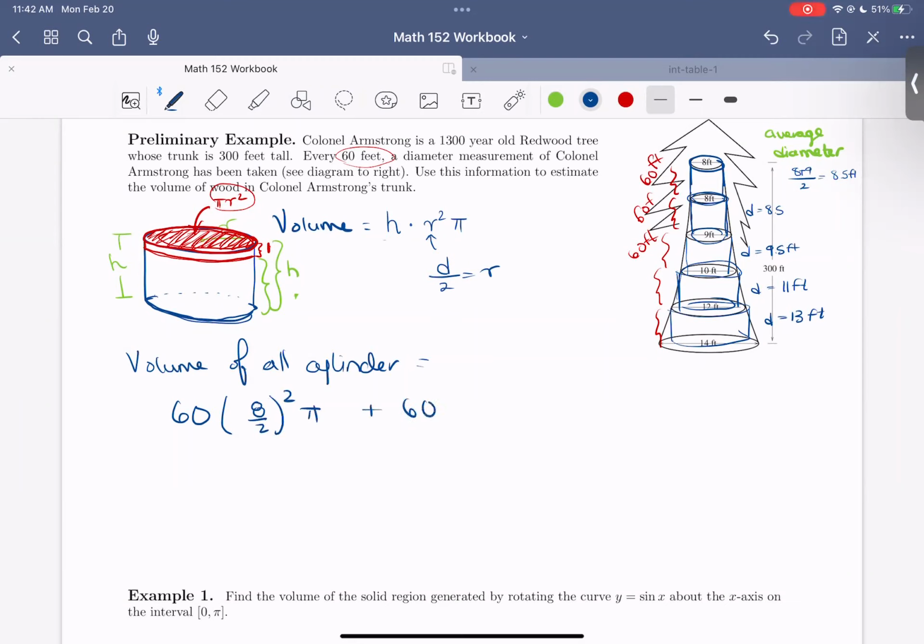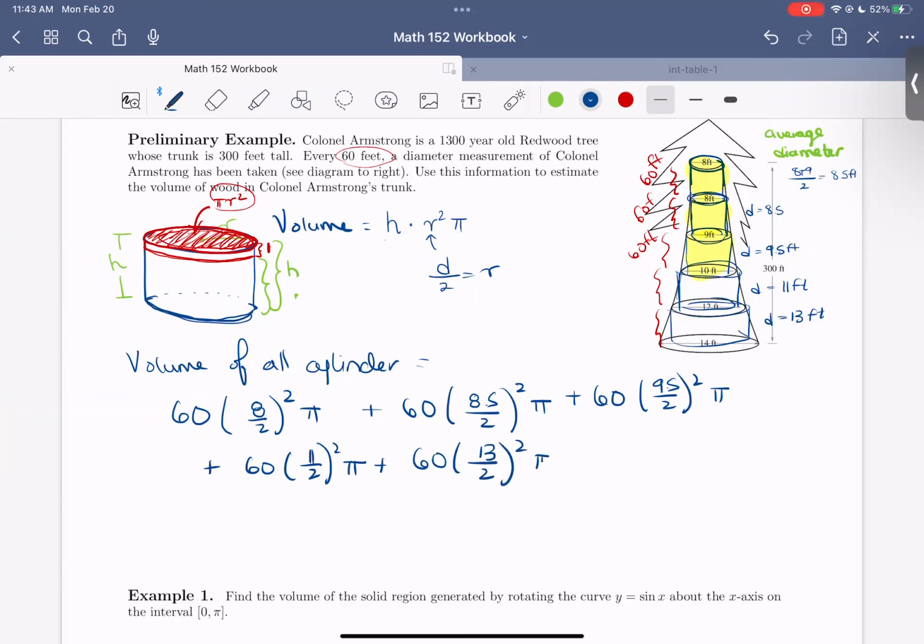The next cylinder would be 60 times 8.5 over 2 squared times pi, plus, keep track of which cylinder we're on, we're on that third cylinder, 60 times 9.5 over 2 squared times pi plus 60 times 11 over 2 squared times pi plus 60 times 13 over 2 squared times pi.